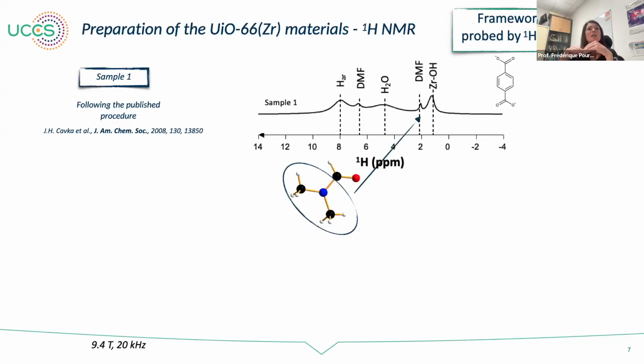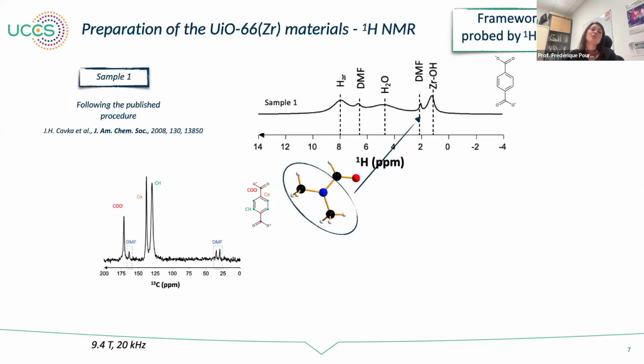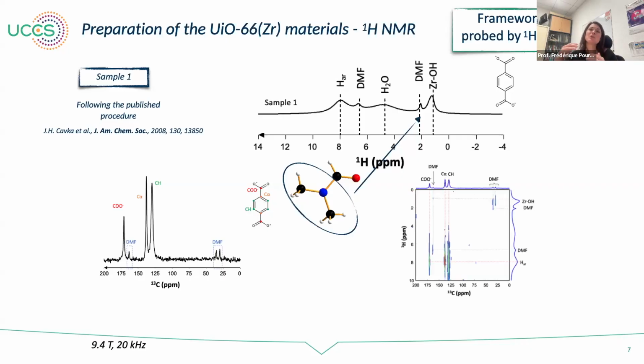It is well known that this solvent is really part of the structure, but it's difficult to localize the DMF inside the compound. If you look at the carbon-13 NMR, the DMF has one signature. By doing simple HETCOR experiments, we can localize the DMF close to the ZrOH group.